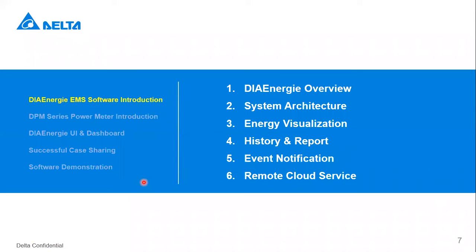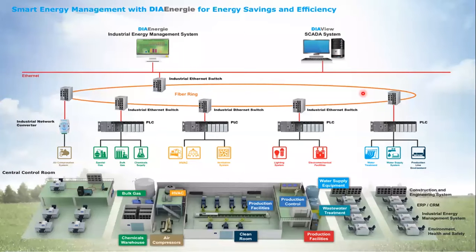So in this section, there are some topics. Let's start from the first one, the overview of DIAEnergie. As you can see, here's the typical control system in the factory. On the below side, it's separated by area. It's actually a layout in the factory.